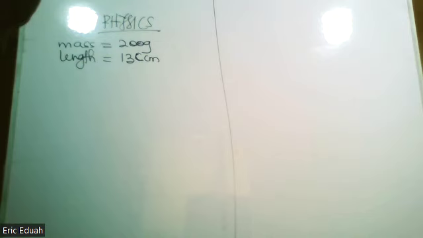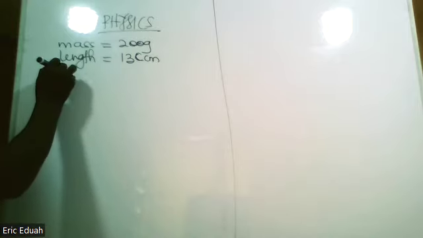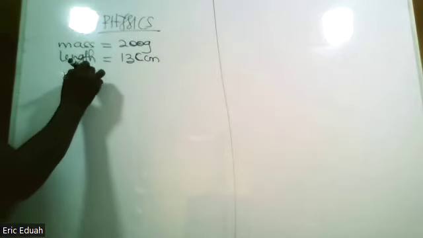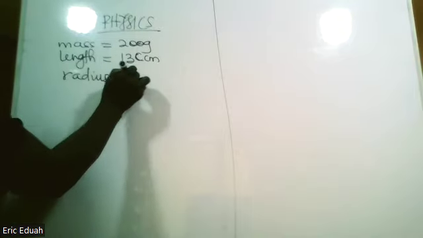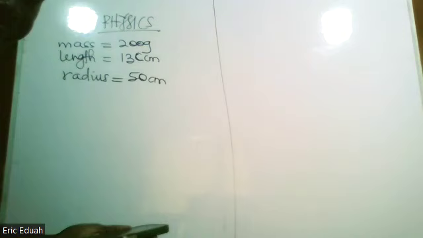So the length is 130, whose upper end is fixed to the ceiling. The sphere is made to describe a horizontal circle of radius 50 centimeter. So the radius of the circle is 50 centimeter.